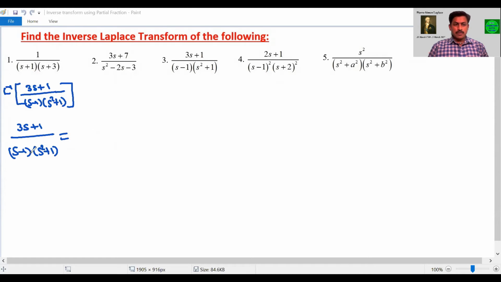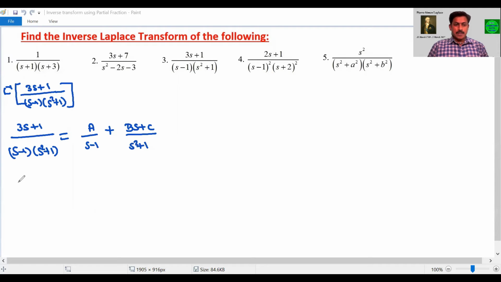Here if you observe, this is an ordinary term, we can write A divided by (s - 1). If you observe the second term, it is in the form of s square, so we can write our numerator as (Bs + C) divided by (s square + 1).